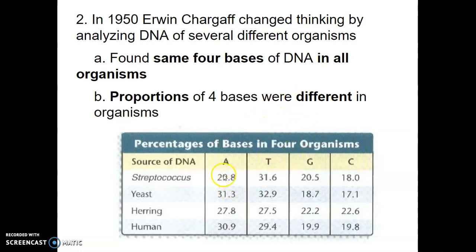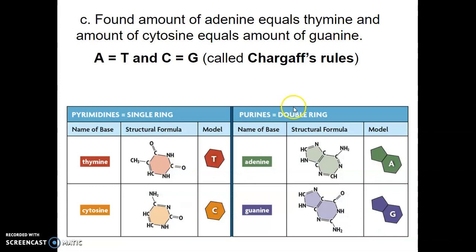So it wasn't like in Streptococcus there was 25% of one kind, 25%, 25%, 25%. Instead, there was a large variety, especially like in humans. You can kind of see some difference here. The proportions were different, which made him realize, okay, it's not just an equal makeup of these things. There's something else going on.